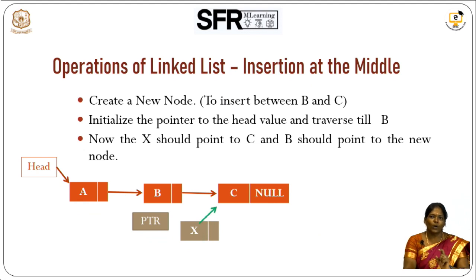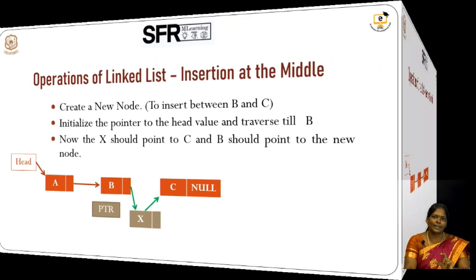Now we set the reference of x to B's next address, that means C. So now x points to C. After that, the previous node B should point to the new node x. So now we have successfully inserted the x value in between B and C.